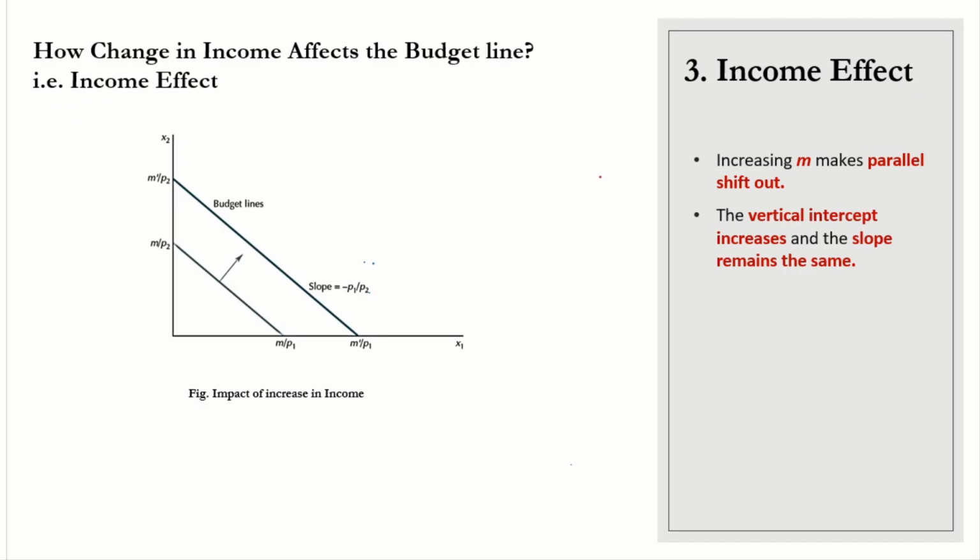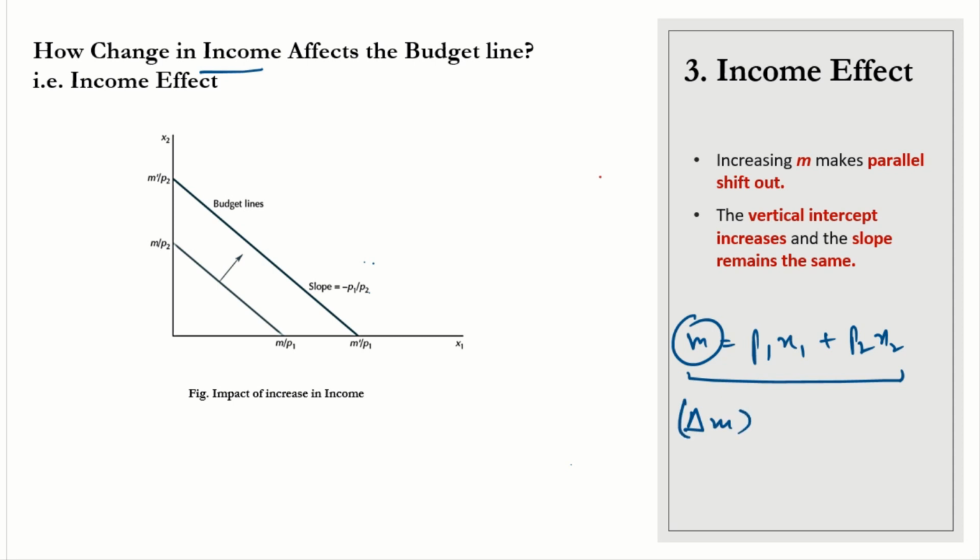So first of all, let's talk about the change in income and the impact on the budget line. As we have seen, the equation of the budget line was given as M equals P1 times quantity of good 1 plus price times quantity of good 2 being consumed, right? Now we are interested to look into what happens when the income is going to change, that is this M is going to change.